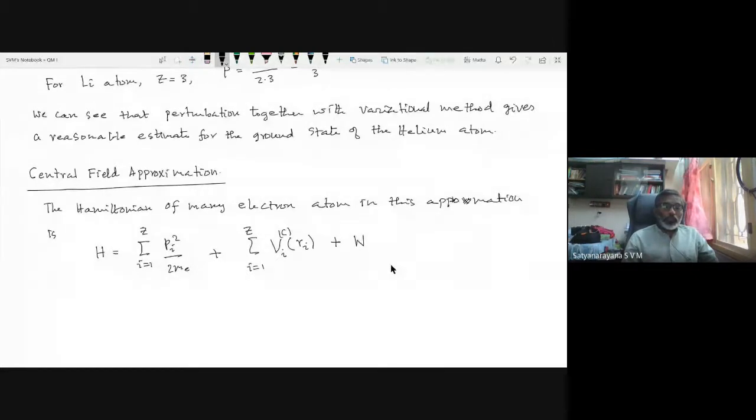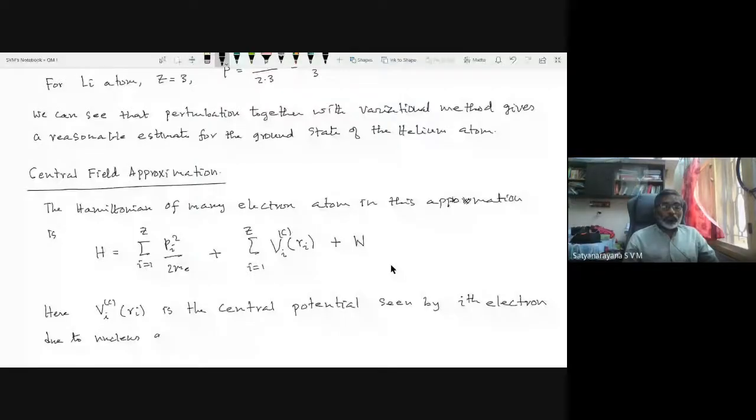Here V_i^C of R_i is the central potential seen by the ith electron due to the nucleus as well as other electrons.